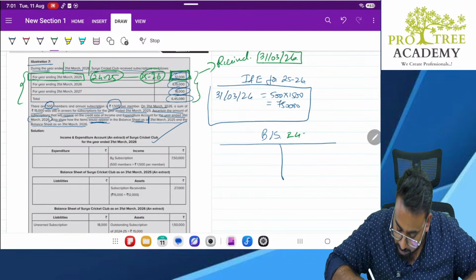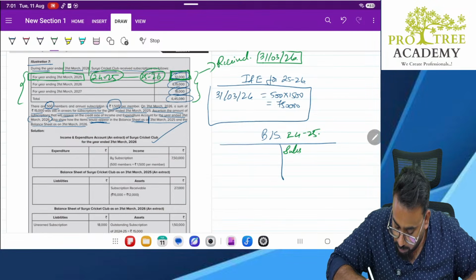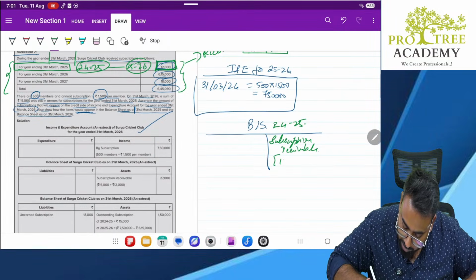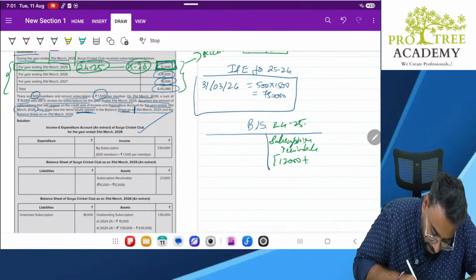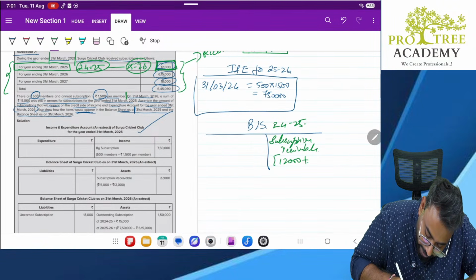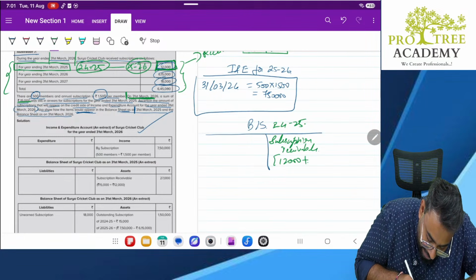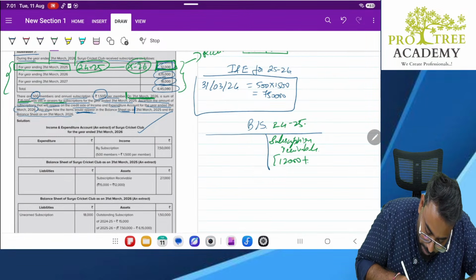Correct or no? Yes. So subscription receivable. One is 12,000. Yes. Plus, read here. On 31st March 2026, a sum of 15,000 was still in arrears for subscription for the year ended 31st March 2025.